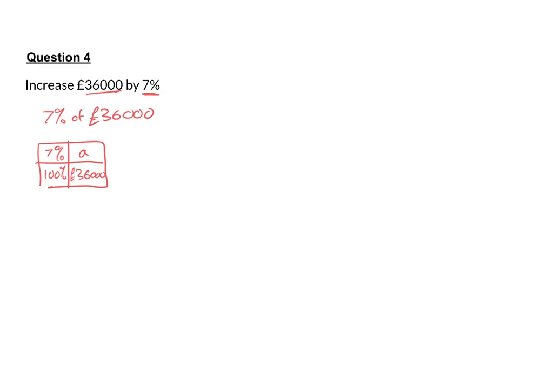So A is equal to, multiply the two diagonals, 7 multiplied by 36,000, divided by the 100. And that means that A is equal to 2,520, and that is pounds. But that's not the answer to the question, because the question asks you to increase by 7%.